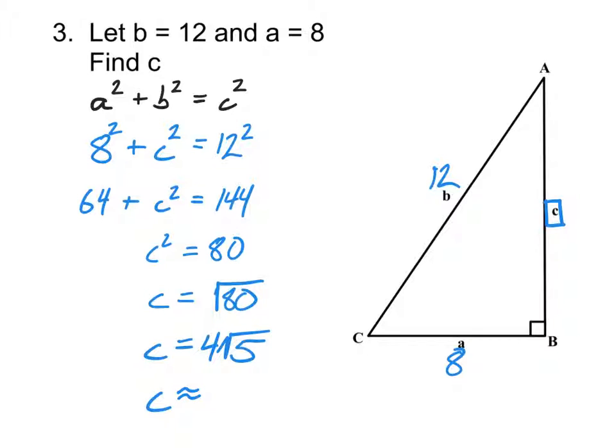I'll round it again to 2 decimal places. If we did it that way, that would give us about 8.94. This problem didn't specify which way we had to do it, so either one would be fine. When you're doing problems on assignments and things like that, always check to see how it specifies for the answer to be presented, because the assignment problems will tell you, give it exact or round or whatever it is.